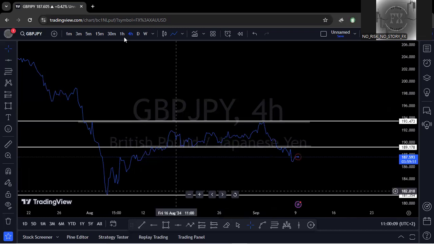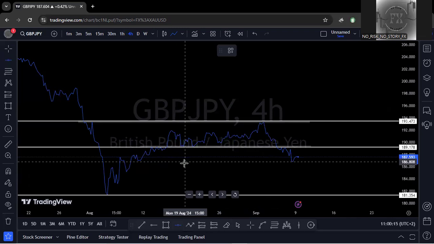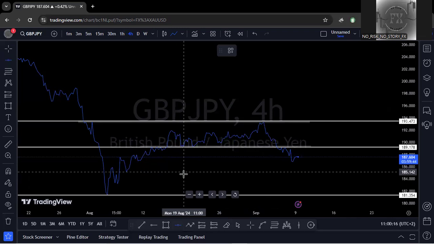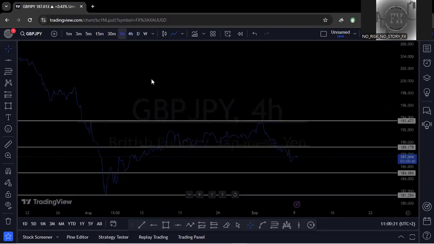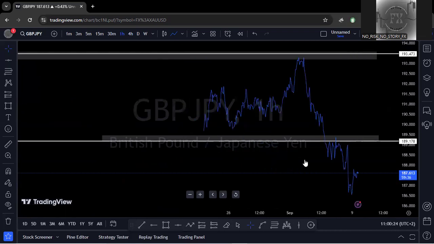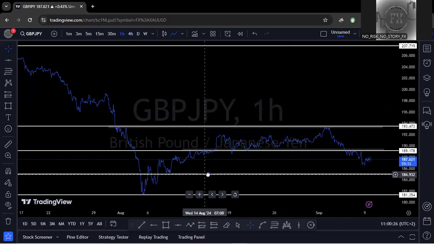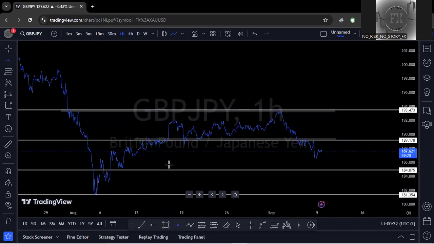I'd also like to highlight this area here, just this one. And then I would like to go to my 1 hour time frame. On my 1 hour time frame, I would like to check my areas and adjust where needed.